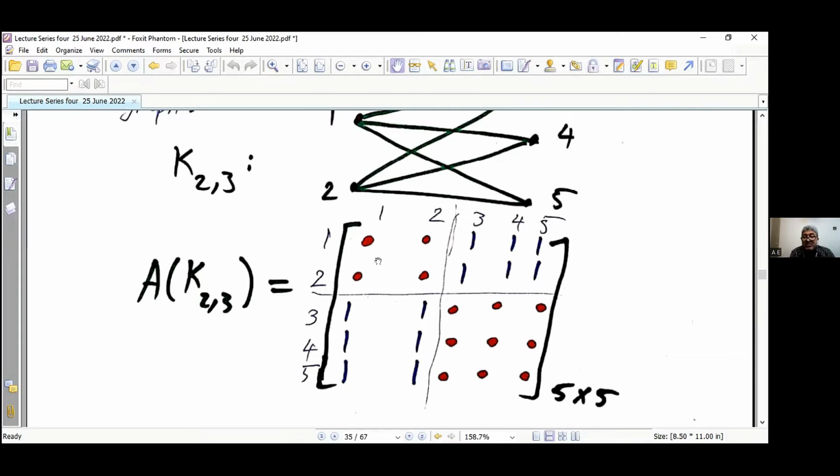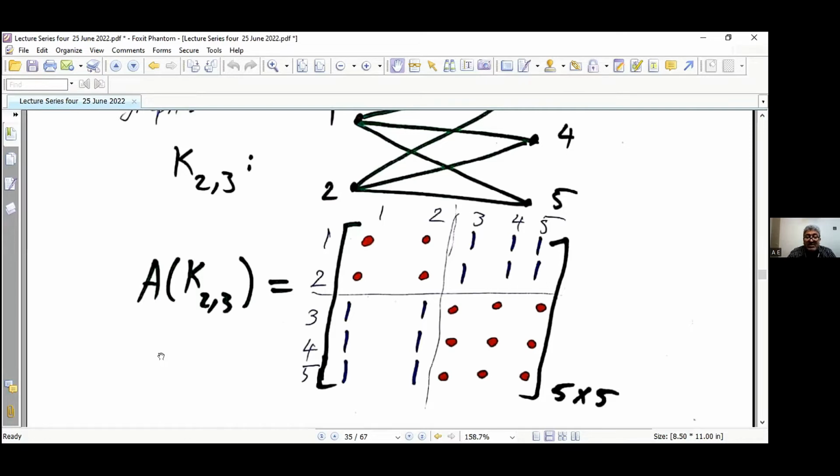We have zeros on the top left and bottom right because we don't have any edge in the set consisting of vertices 1 and 2. Similarly, for 3, 4, 5, we don't have any edges either. So we have 2 zero blocks here.